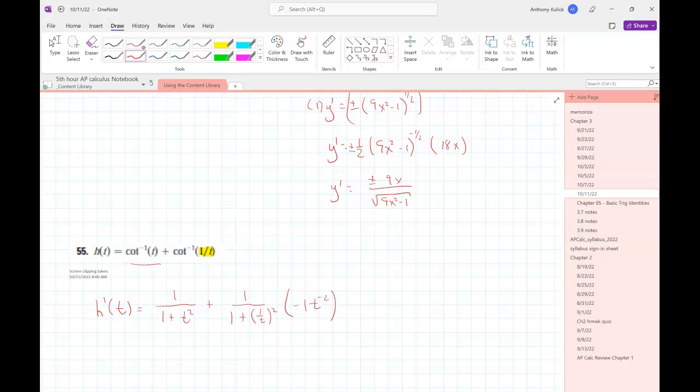Now it says to simplify where possible. At this point, the calculus is done, I want to point out to you. But the directions say to simplify if possible, or as much as possible. And Mr. Gulick has some suspicions that this is going to actually work out to be pretty nice.